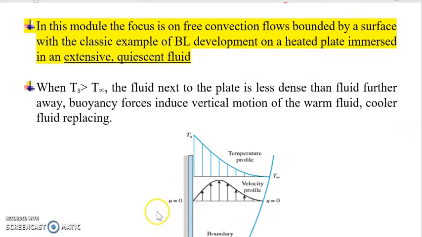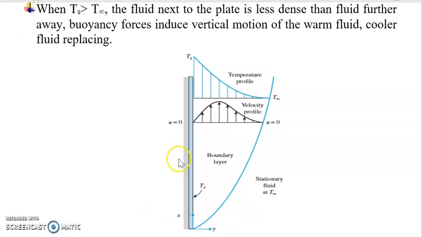So, classic example here, let's have a look at the vertical plate. We have a heated plate which is at a higher temperature than the surrounding fluid. So the fluid next to the vertical plate is being heated up and becomes less dense, thus rises, and the cooler fluid takes its place.